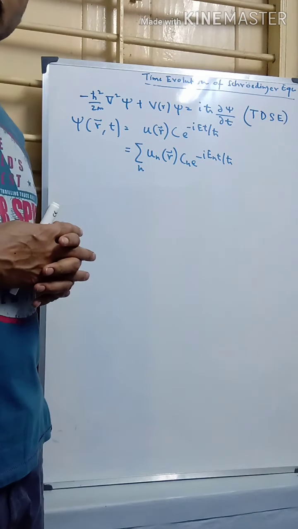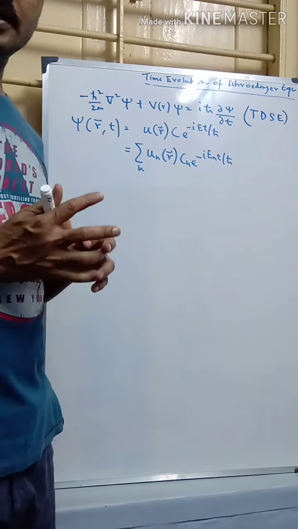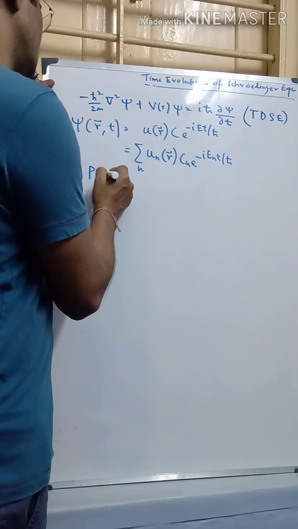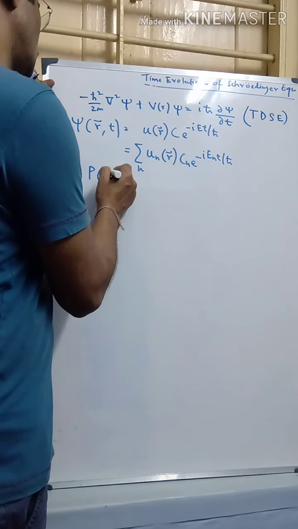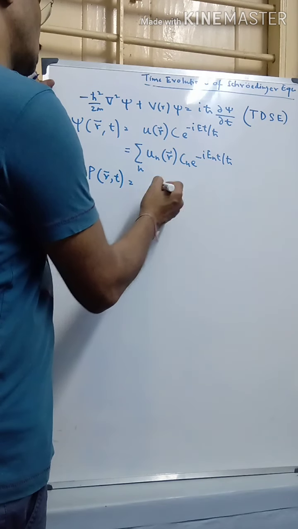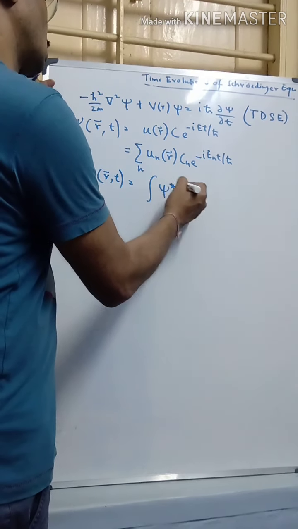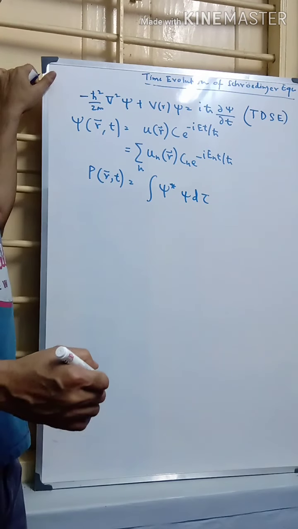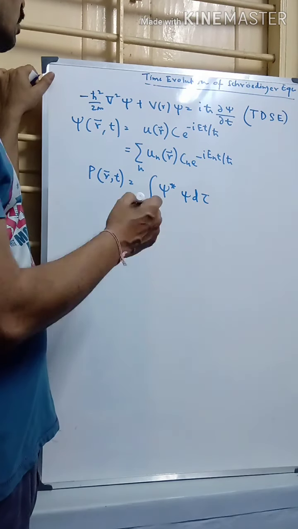Now if we talk about the probability density, which is psi star psi d tau, then what can we say about this particular thing?